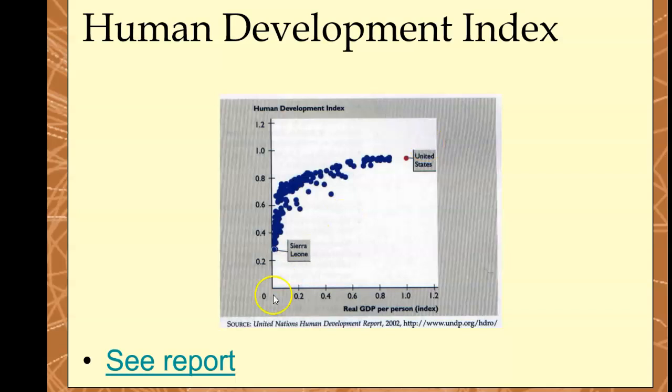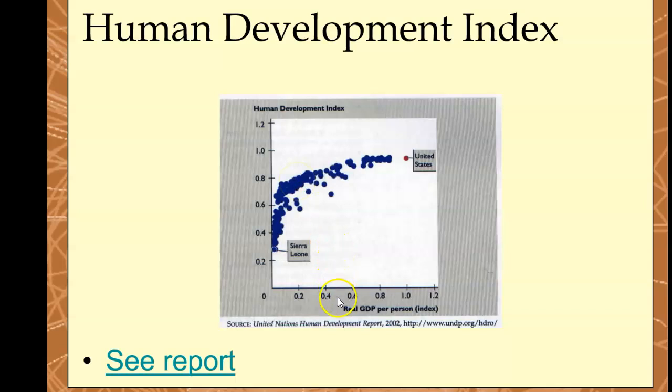And here's a nice little graph that shows you that it measures per capita GDP on the horizontal axis and HDI on the vertical axis. And what this basically tells you is when you have growth in per capita GDP, you see big increases in your HDI growth.